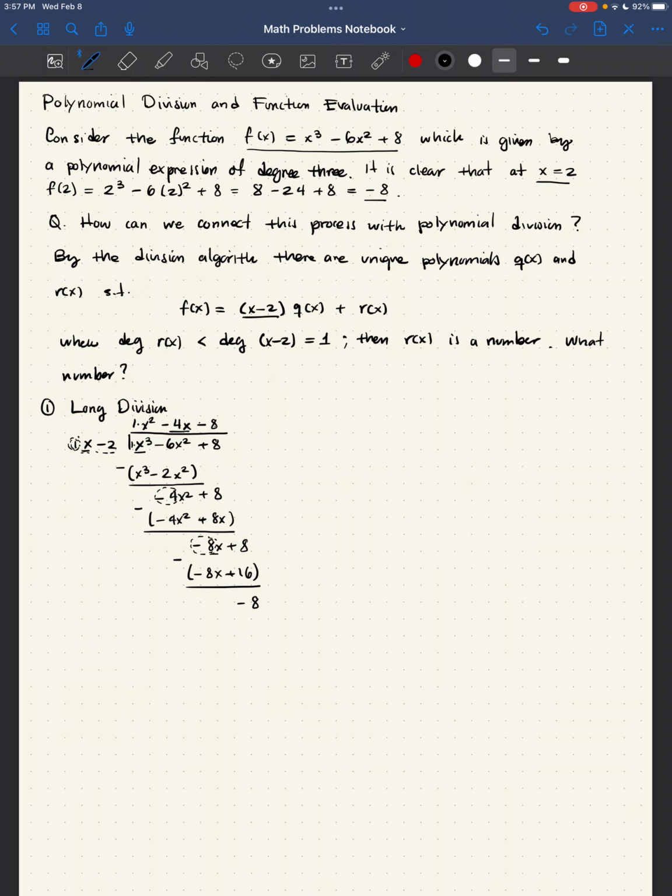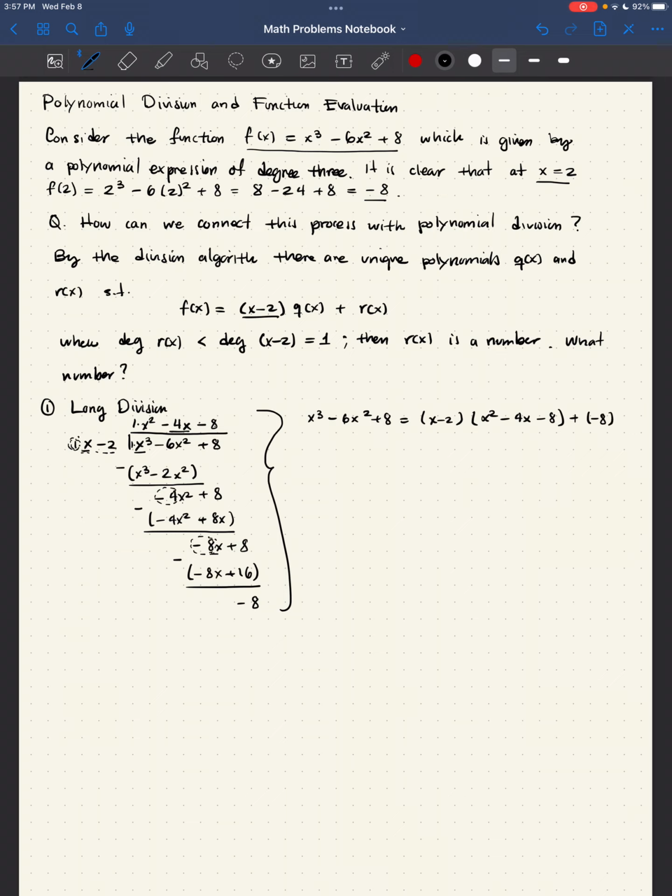Okay, let's put it in a summary. All of this calculation summarizes to the following equation. We can say x cubed minus 6x squared plus 8 is expressible as x minus 2 times x squared minus 4x minus 8 plus negative 8.